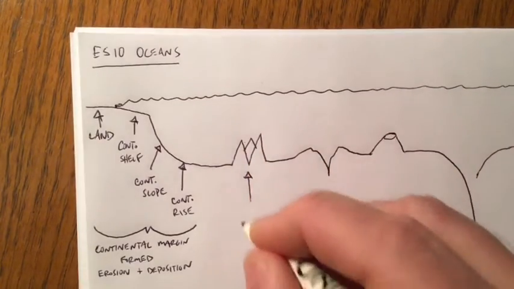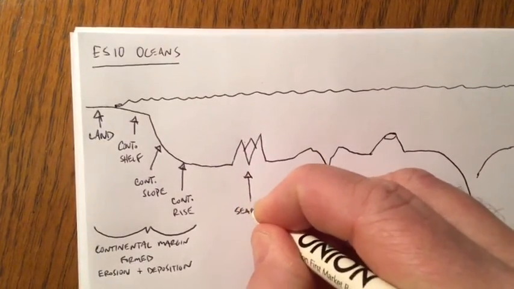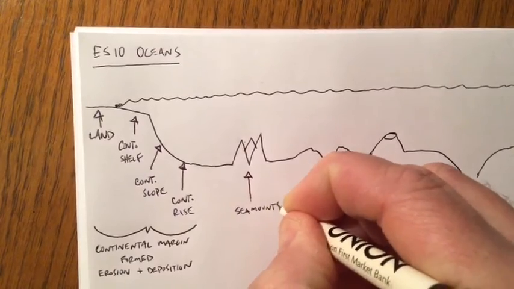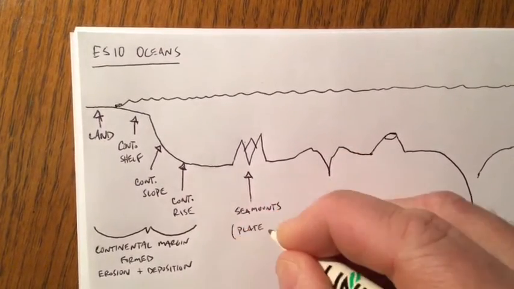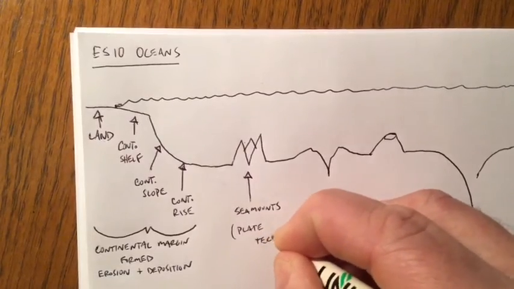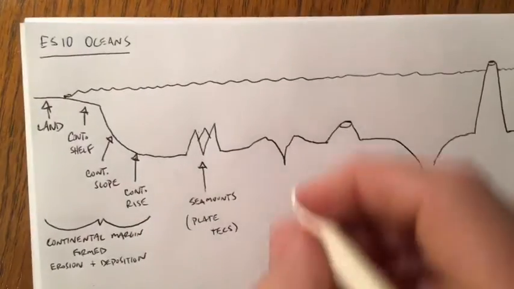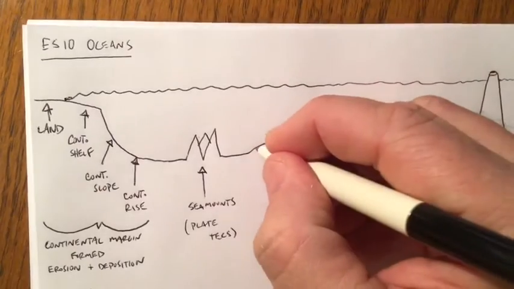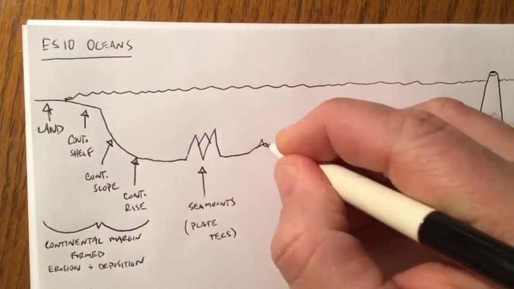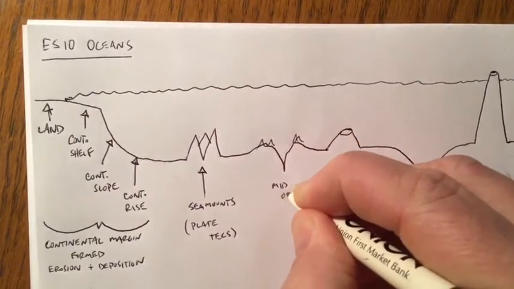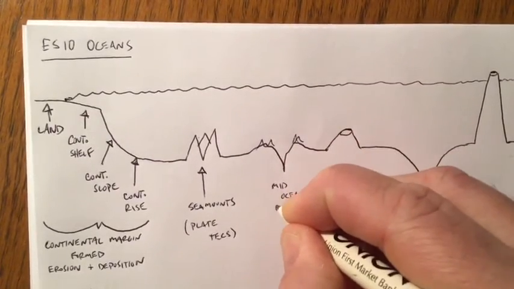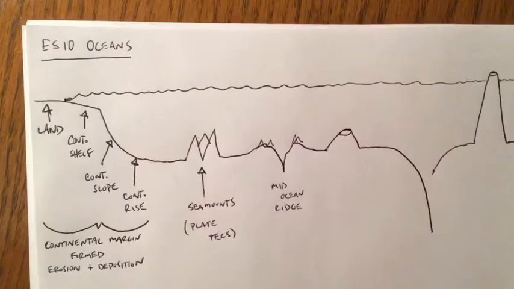Underwater mountains are called seamounts. They would be formed by plate tectonics, also abbreviating here. This here is the mid-ocean ridge.